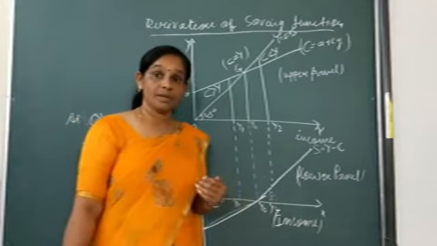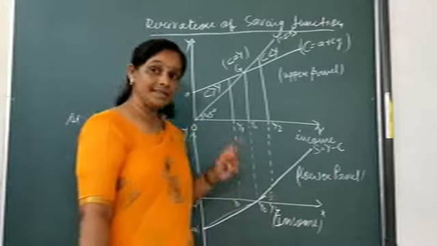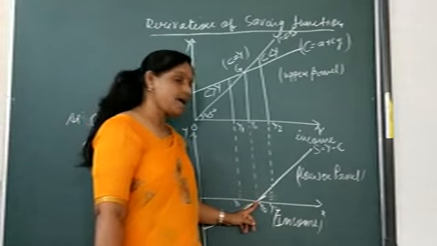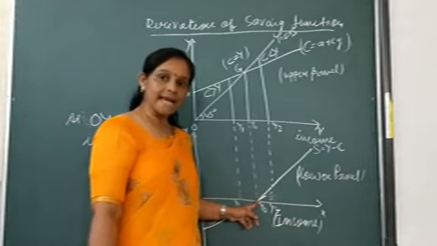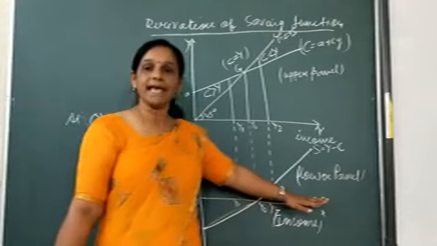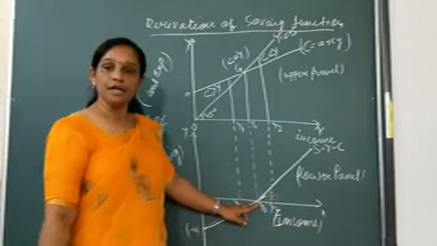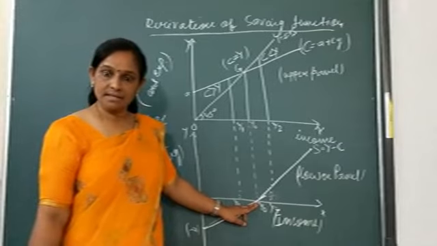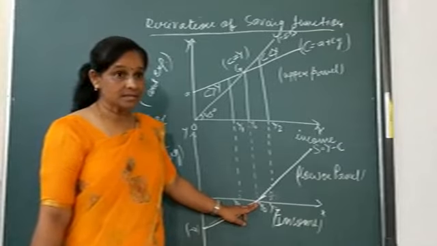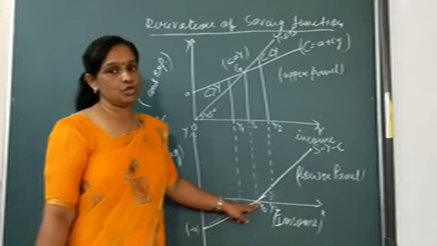Full stop. That is why the saving line is intersecting the horizontal axis. The saving line is intersecting the horizontal axis. That is, saving is zero.